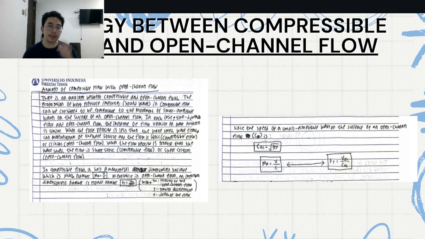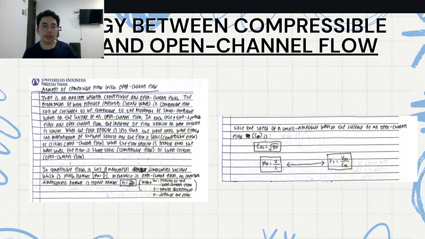On a note, there is an analogy between compressible flow and open channel flow. The analogy is that the propagation of weak pressure impulses or sound waves in compressible flow can be considered comparable to the movement of small amplitude waves on the surface of an open channel flow. In each case, two-dimensional flow and open channel flow, the influence of the velocity of the wave on the wave pattern is similar.